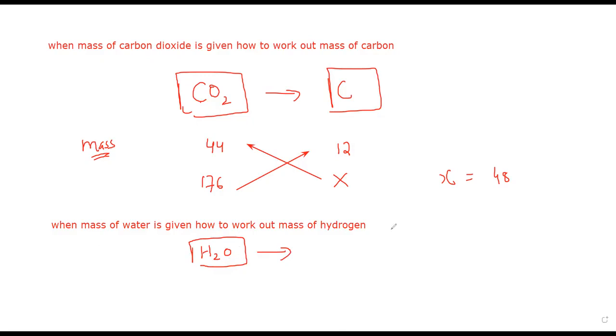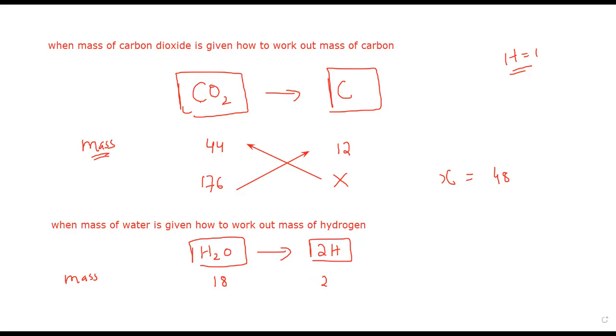One molecule of water contains 2 hydrogen atoms. When we take the mass of the water, hydrogen is 1 multiplied by 2 plus oxygen is 16, so the total mass of the water is 18. Water contains 2 hydrogen atoms, one hydrogen atom having a mass of 1, so the mass will be 2. That's why the mass ratio is 18 is to 2.